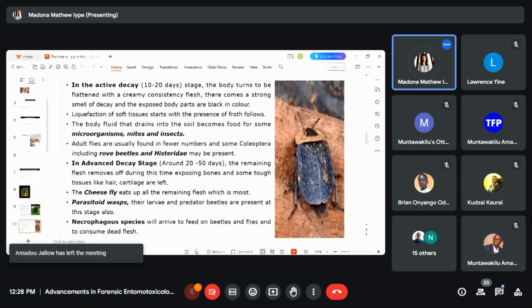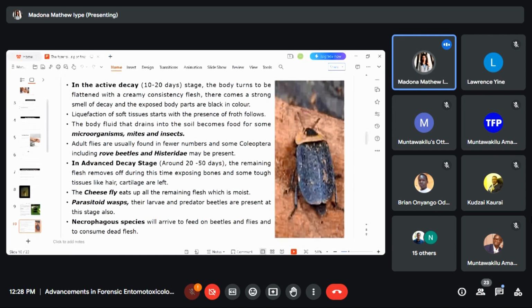So usually these cheese flies that we usually see are present here and eat up the flesh which is slightly remaining and which is moist. Parasitoid wasps will also be there. They act as parasites.